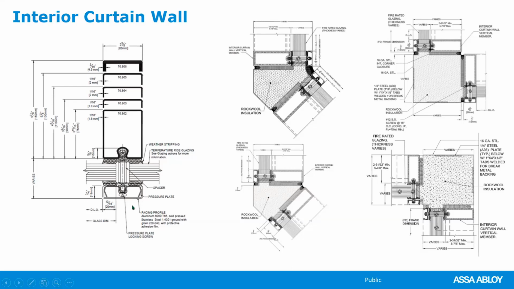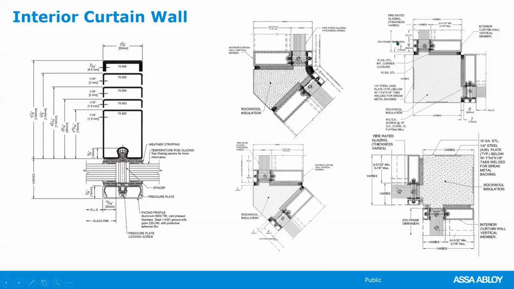It is held together with a pressure plate and a fastener that goes into the back mullion itself, and you can see the various dimensions that you can have in the depth of the back mullion. You can also do interior and exterior bow and bays.